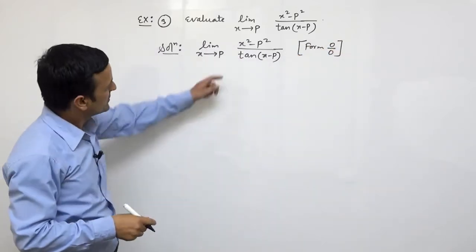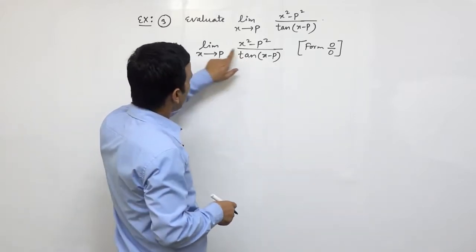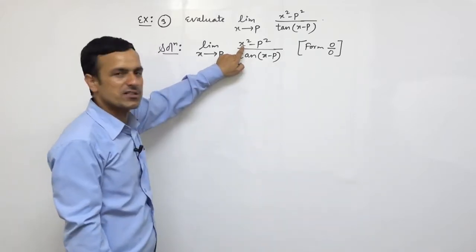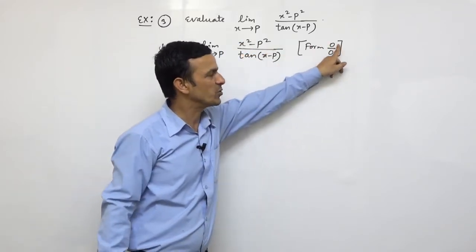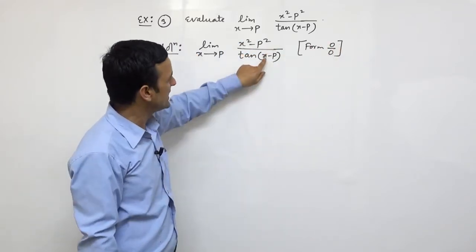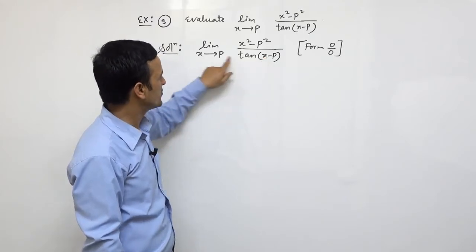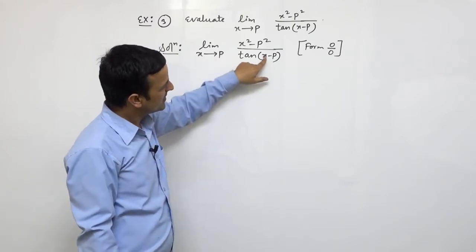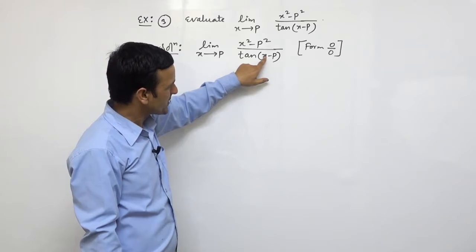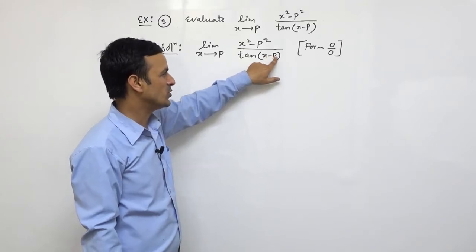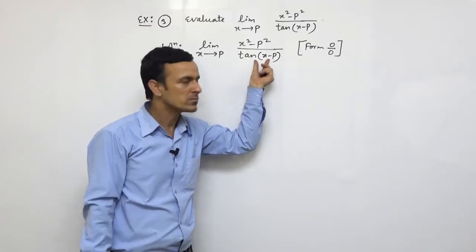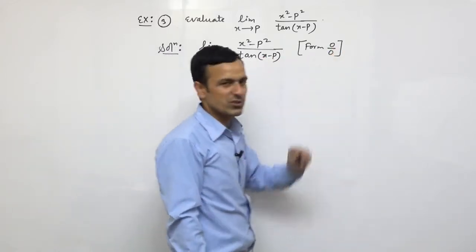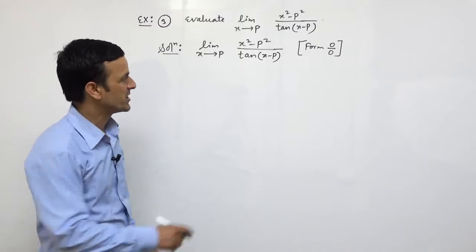When x is equal to p, the numerator is p square minus p square, of course 0. Similarly, in the denominator, putting x as p gives tan of p minus p, which is tan 0, and tan 0 is 0. So we see 0 by 0, which is an indeterminate form.